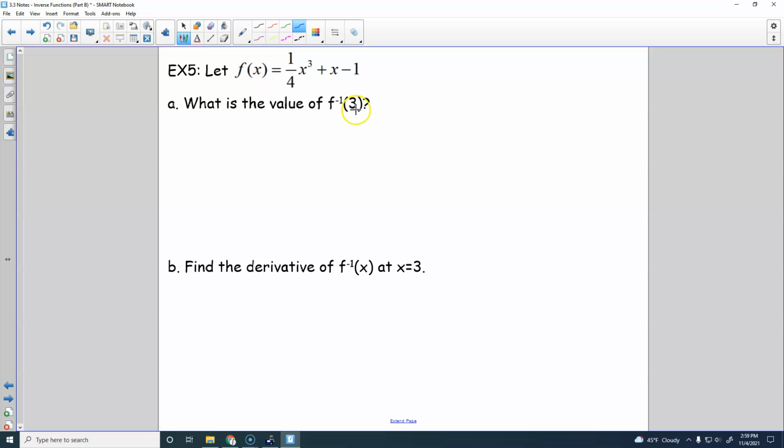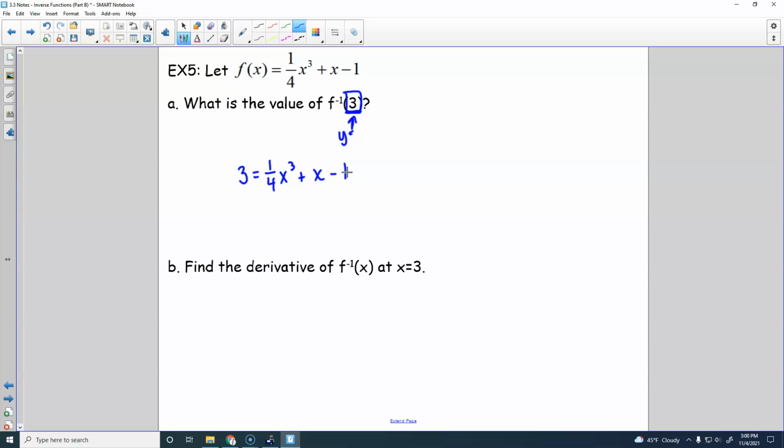If it's F inverse of 3, then that's telling me that the y in the original function equals 3, right? So that would be 3 equals 1/4 x to the 3rd plus x minus 1. Not that easy to solve, right?